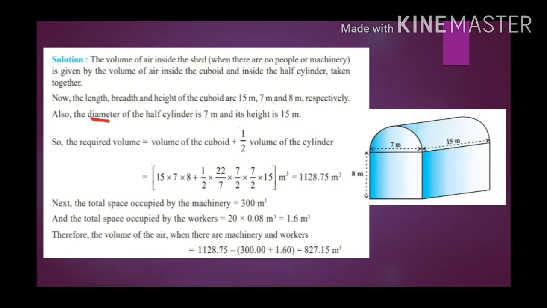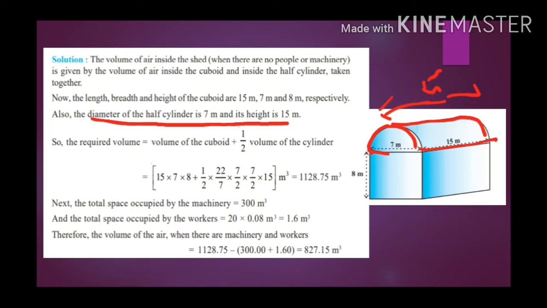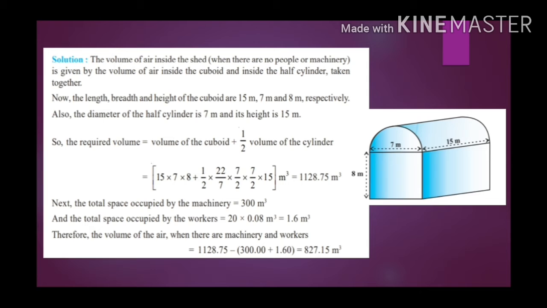And the diameter of the half cylinder is 7 meter and height is 15. If you consider this one as a half cylinder, naturally this height will be 15, and the diameter is 7, so the radius is 7 by 2.